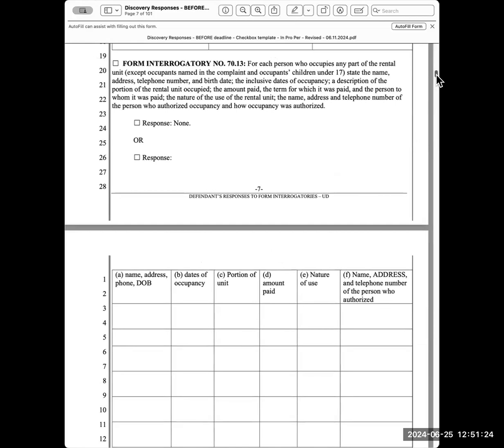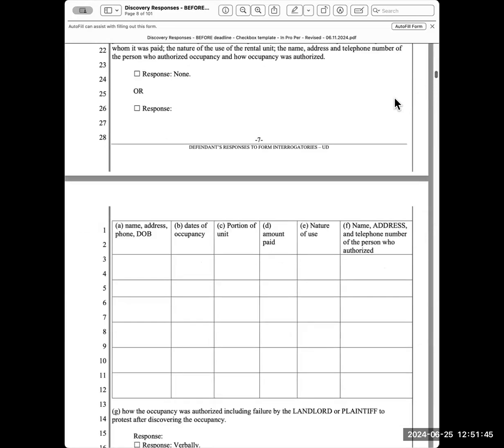For example, if that person paid the rent directly to the landlord and the landlord accepted it. If the landlord accepted the rent over periods of time, that's equal to the landlord accepting or authorizing that person living in the unit. And you can put that as a reason.